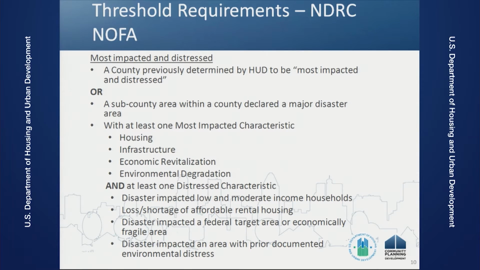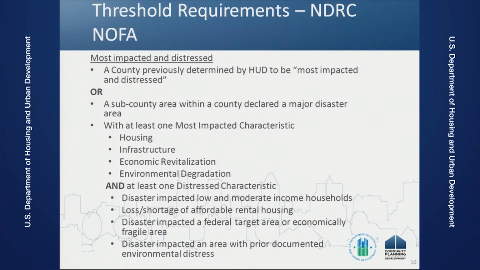The four types of distressed characteristics are disaster impacting low and moderate income households, loss or shortage of affordable rental housing, evidence that the disaster impacted a federal target area or economically fragile area, or evidence that the disaster impacted an area with prior documented environmental distress.